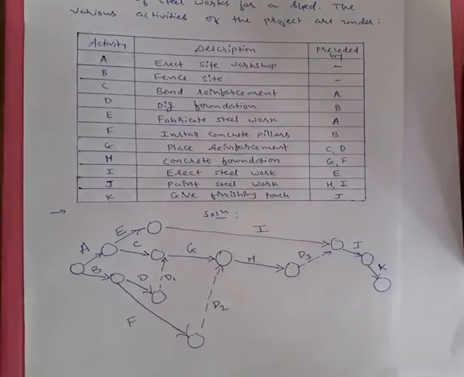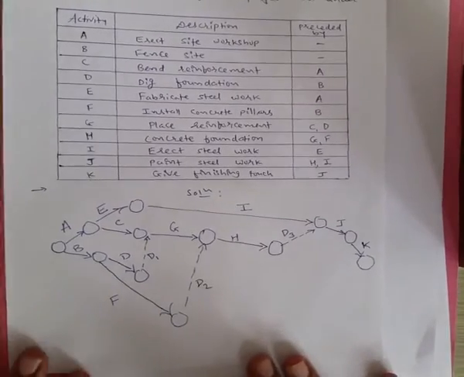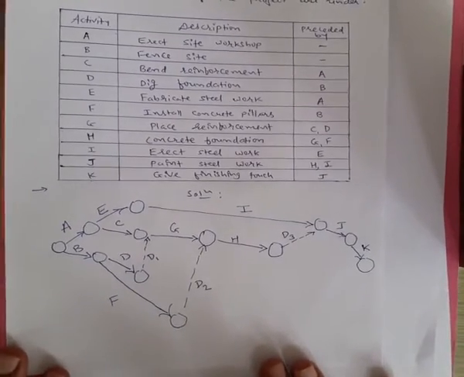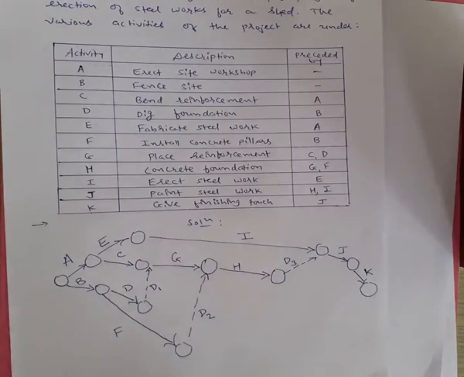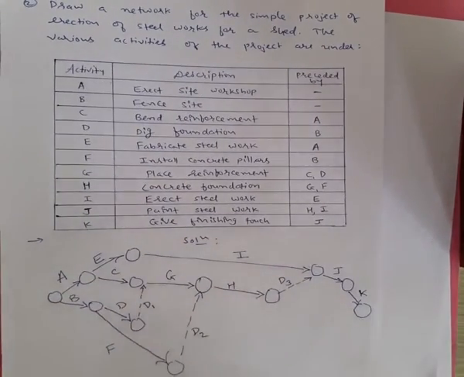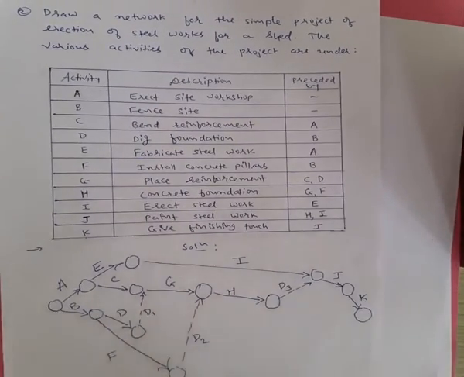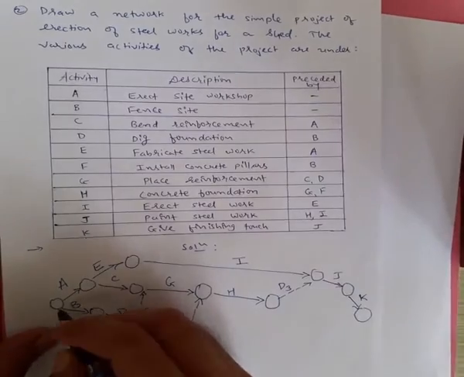Now again we will start numbering the network as per the rules that we had discussed, how to number the network or these nodes. This rounded shape is called a node. So starting with the numbering, this is 1, this is 2.